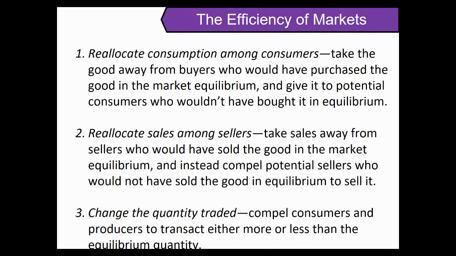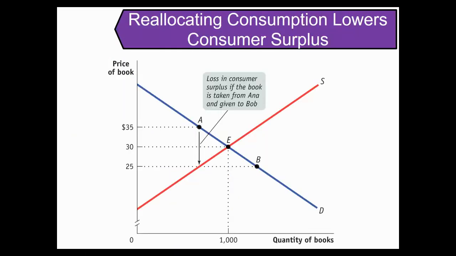We're talking about a more socialist idea, and we see that this will be a lack of efficiency. If we did the same thing with reallocating sales among sellers, those who couldn't afford to sell at a certain price with those who could, we will see a loss of consumer and producer surplus if we reallocate these products in an inefficient manner.